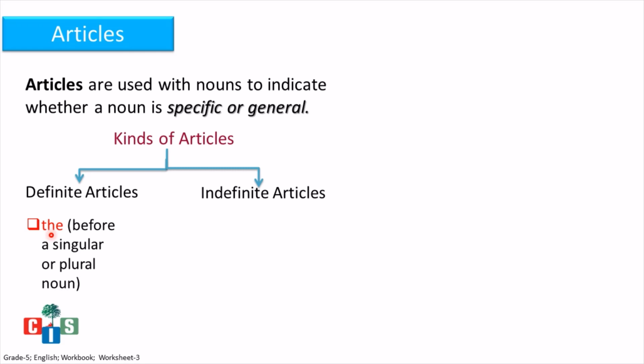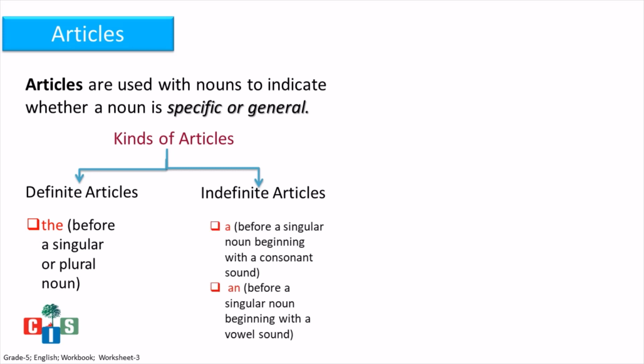There are three articles. The comes in definite articles and it is used before a singular or plural noun. Or we can say it is used with both singular and plural nouns. Then second is indefinite articles. In this, a and an both come as indefinite articles.